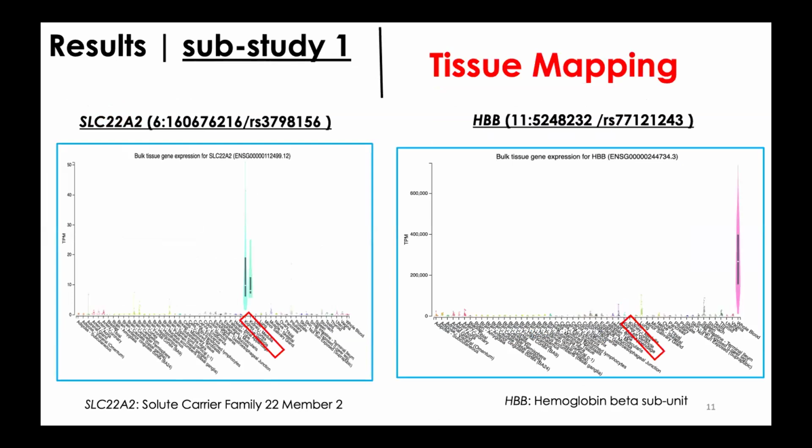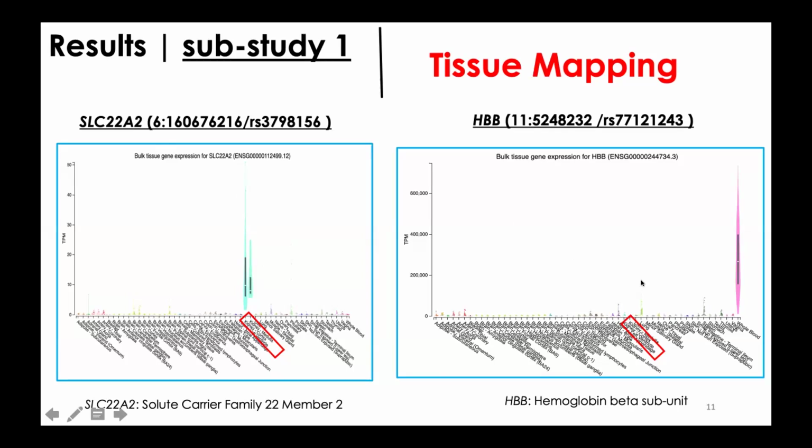Then from genes, of course, we go to tissues. We want to see, do these tissues actually have any relevance with regards to the kidney? And when we mapped them to the tissues here, it's not surprising that the organic cation exchange transporter is within the kidney medulla, and it's highly expressed here.